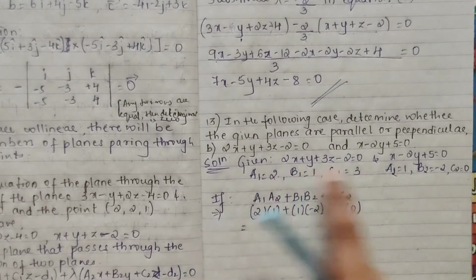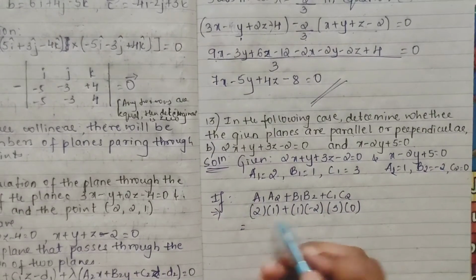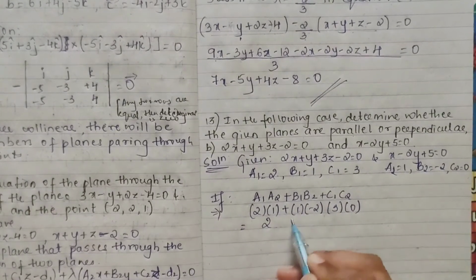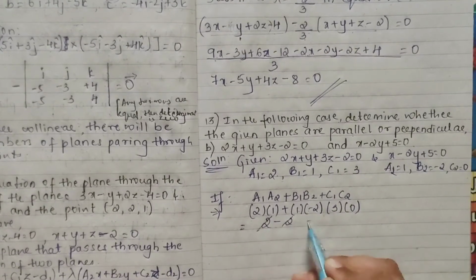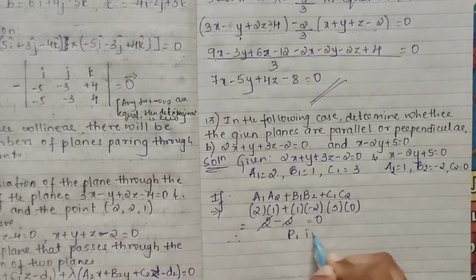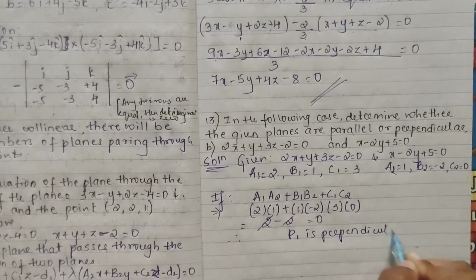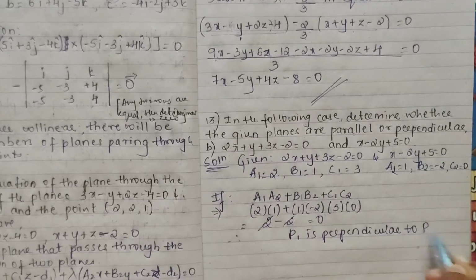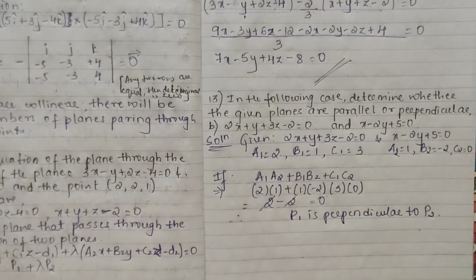So A1 is 2, A2 is 1, B1 is 1, B2 is minus 2, substitute everything. 2 into 1 is 2, 1 into minus 2 is minus 2, and 3 into 0 is 0, so 2 minus 2, you get 0. Therefore plane 1 is perpendicular to plane 2. Understood? In a similar way, we will check for the parallel case.